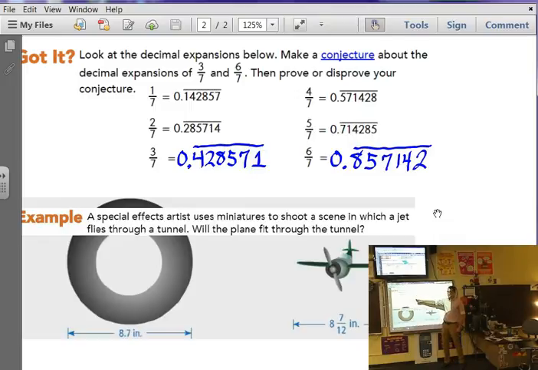So the 7 is chopped off the 5. So 14, 28, 57. It's the same cycle of numbers, just shifted through.